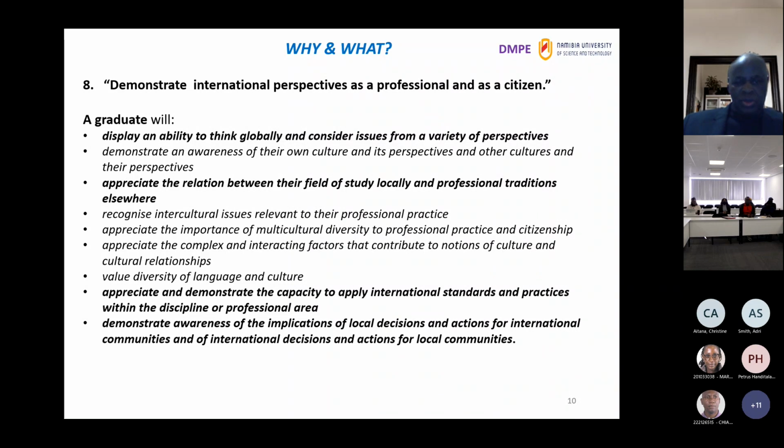So through the research, they need to undertake literature review, not just selecting articles or papers from people within the university or the institution or the SADC region or Africa, but globally, and be able to appreciate and demonstrate the capacity to apply international standards and practices in the disciplinary area so that they can benchmark their work internationally or nationally and become relevant.